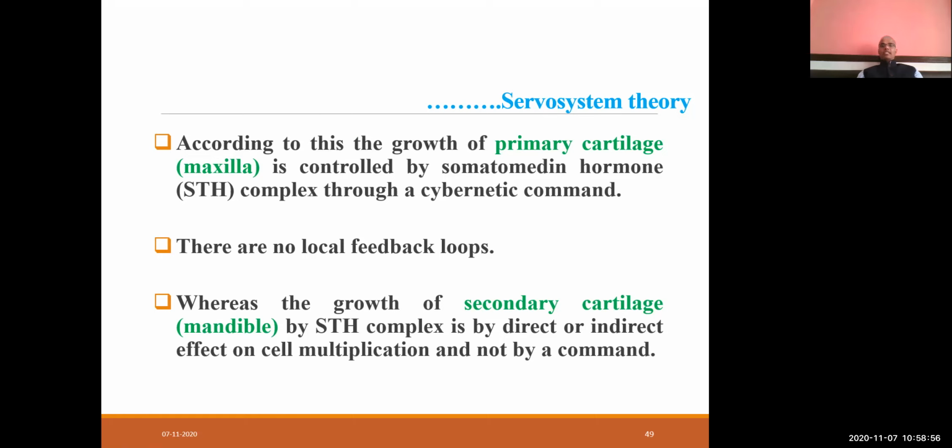So this complex acts by direct or indirect effect on the cell multiplication, not by command. Means growth of the maxilla occurs by the command method, whereas growth of the mandible occurs by the feedback mechanism, by the direct and indirect effects on multiplication.